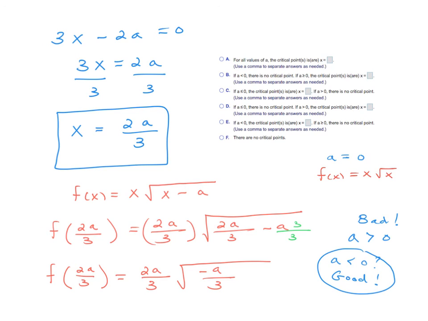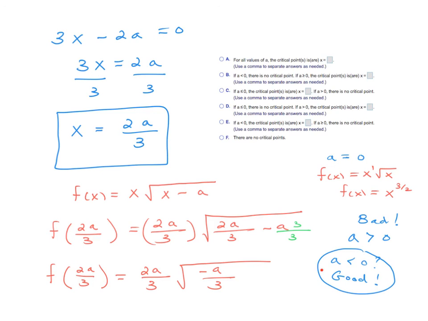And this is the same thing as f of x is equal to x to the, well, the exponents are going to be a 1 and a half. And if you add those, you get x to the 3 halves. And the critical value, if a is equal to 0, is x is equal to 0, which is an endpoint of this function. So this is not a critical value either.